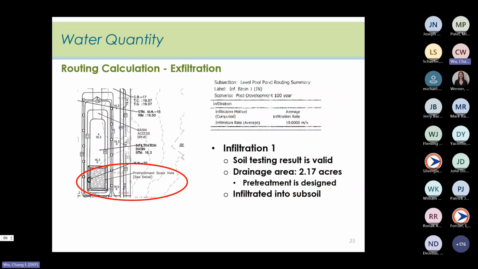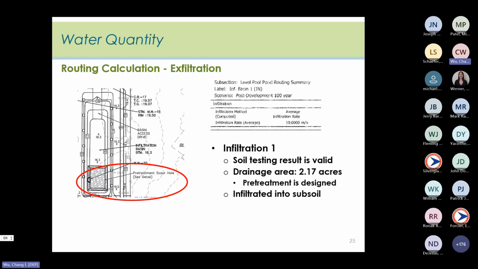Let's take a look at infiltration number 1, which also incorporates exfiltration in the routing calculation by a permeability rate of 10 inch per hour. Because infiltration number 1 has a contributory drainage area of 2.17 acres, pre-treatment is required if you want to use exfiltration in the routing.